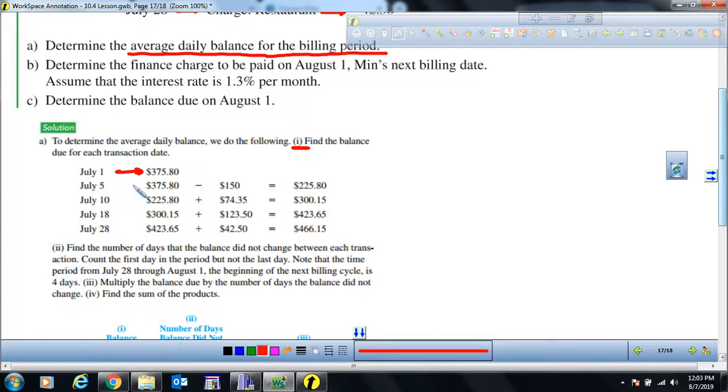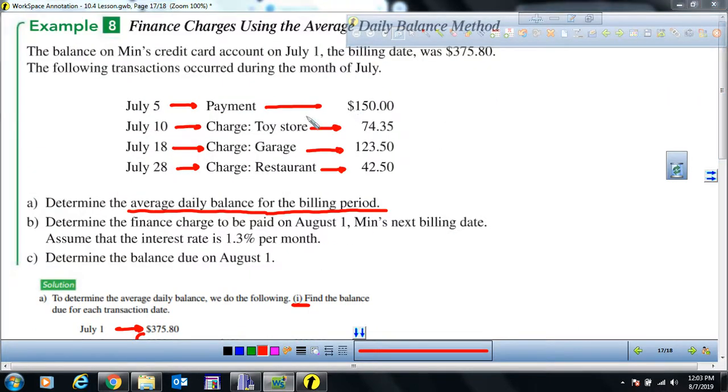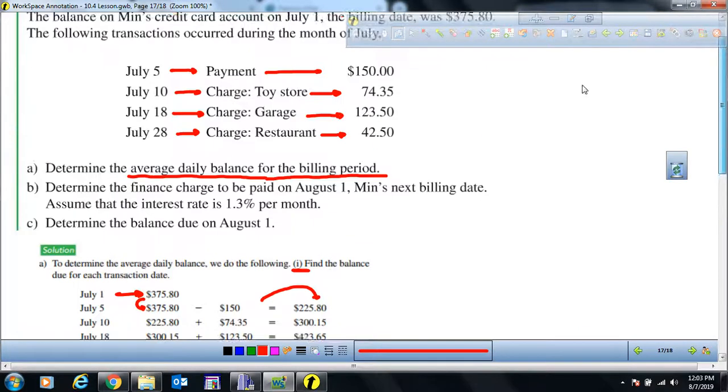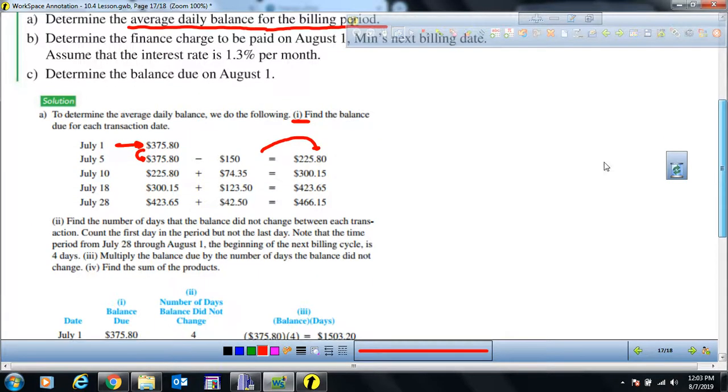On July 5th, it was this amount minus the activity by then, that she made a payment of $150. So this minus the $150 is the balance as of July 5th. But on July 10th, you remember, she used her credit card in a toy store and charged $74.35. So to this amount she adds what she charged that day, and this is the new balance.